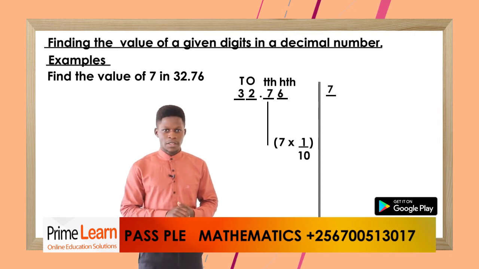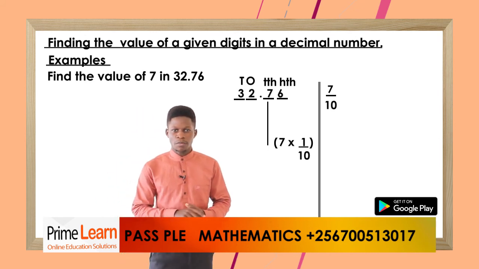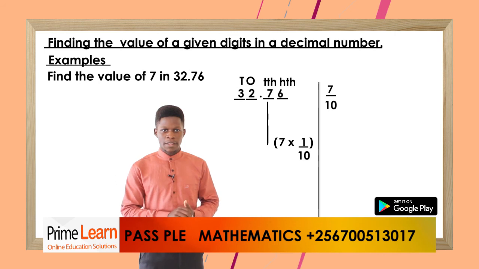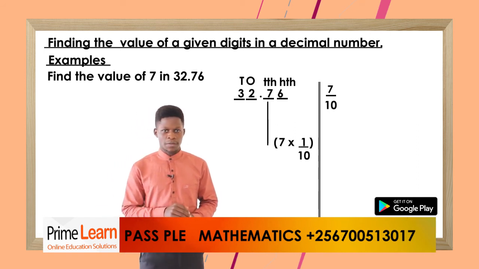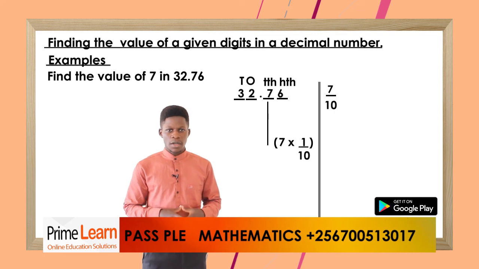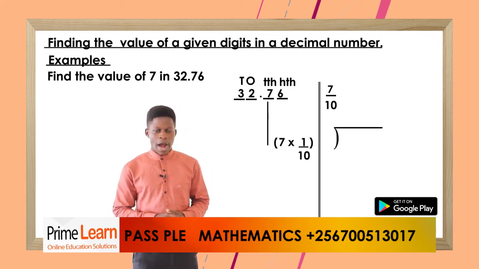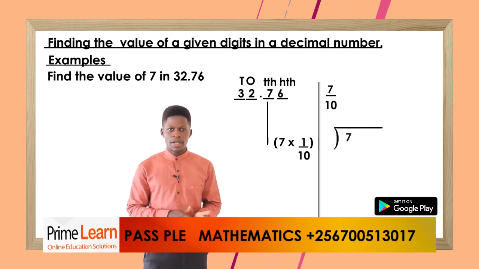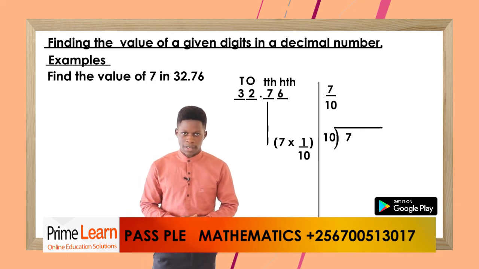So which means our next step, we are going to have 7 out of 10, which can also be read as 7 tenths. Now after reaching this step, we can bring in the long division method, and we divide such that we work out and come up with a value of 7 in this decimal number which they have given us. So our division symbol is already shown on your screen, and we are going to put the numerator inside, and then we shall put the denominator outside.